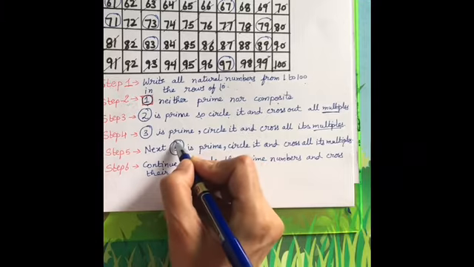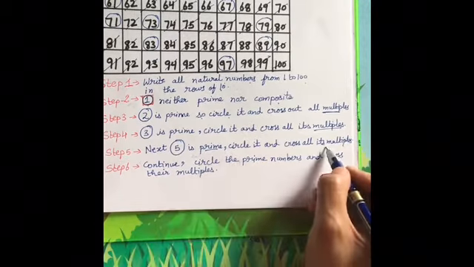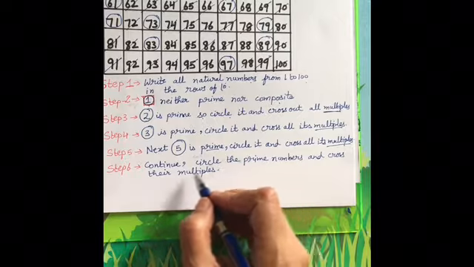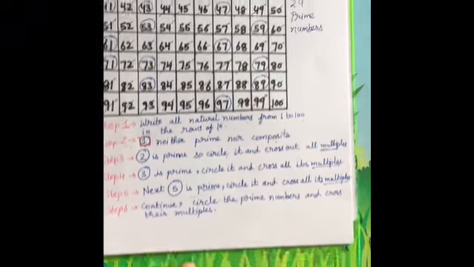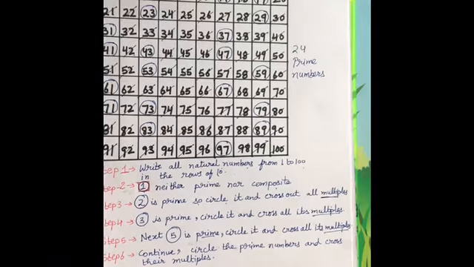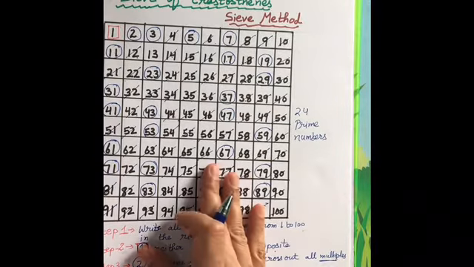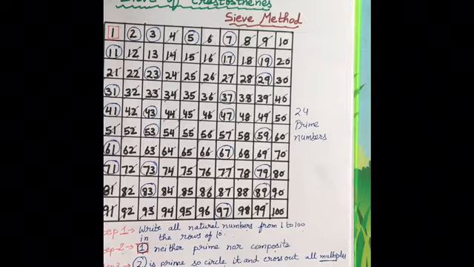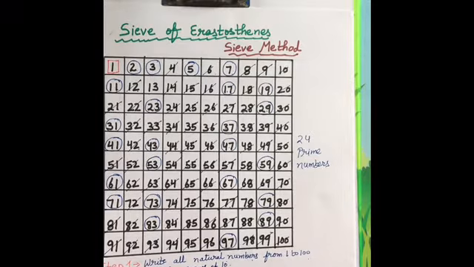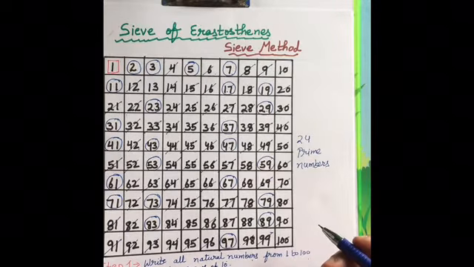Then circle 5, it's a prime number, and cross out all its multiples, and continue the same procedure by taking the different prime numbers. So you will get this. Fine. So this is how you are going to find the different prime numbers less than 100.